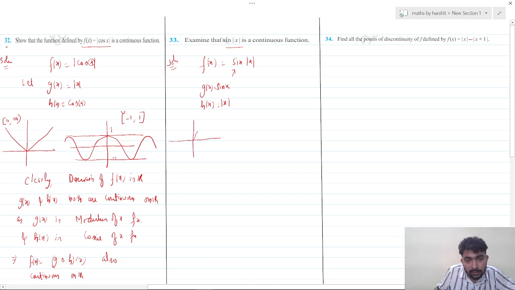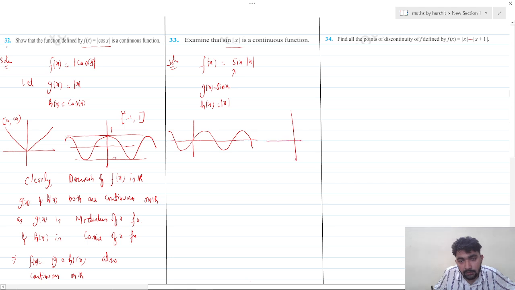The sine of x graph will start from 0. Wait, I'll draw the graph properly. Here you can observe, like that we have, and it goes on. And here also, like that. Okay, and what is our mod of x graph? The mod of x graph I recently drew, but I will draw it for this question also. Like that we have the mod of x graph.